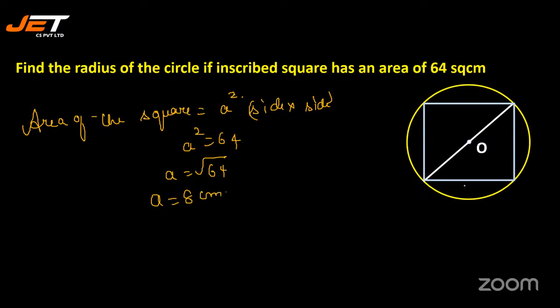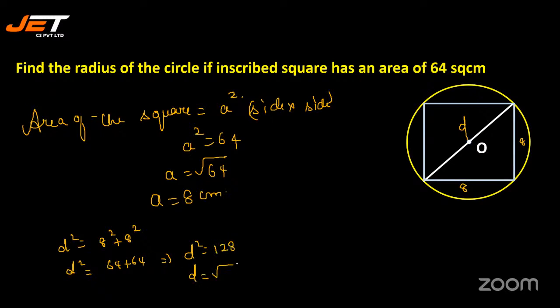So one side is 8, the other side is 8. Therefore, let's assume diameter to be d, so d square is 8 square plus 8 square. So d square is 64 plus 64, which implies d square is equal to 128. What is d? Root of 128.